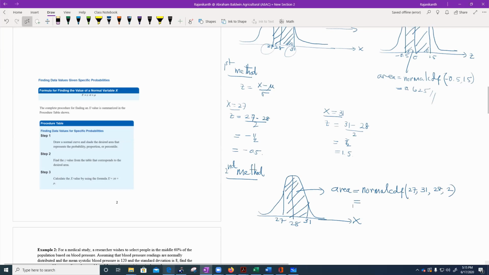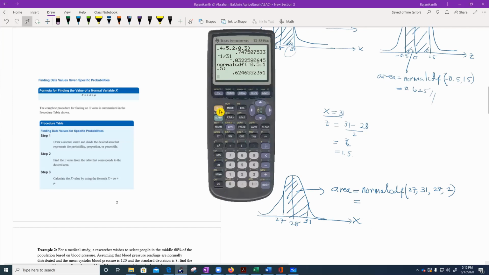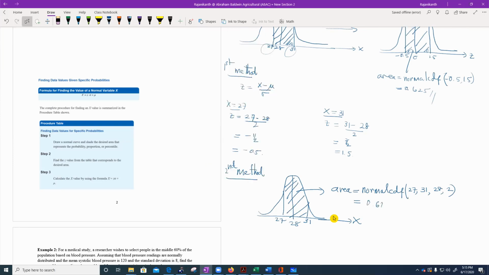Therefore, 27, 31, 28, and 2. So this will give you the same answer you got earlier, 0.625.